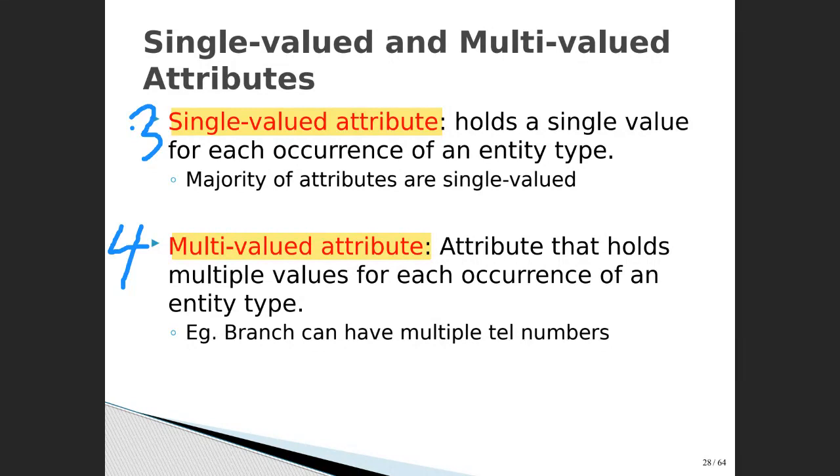So this is what we call multi-value. Got the point? So this is composite. This is simple. This is single value. This is multi-value. I will show you now.